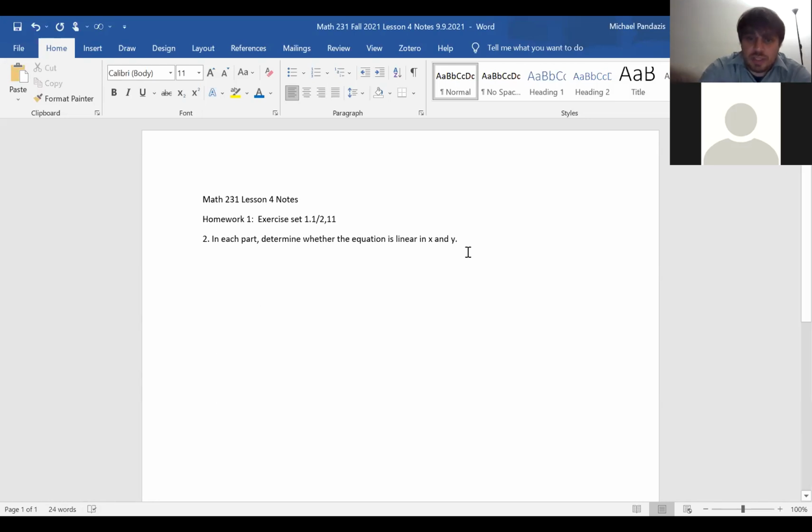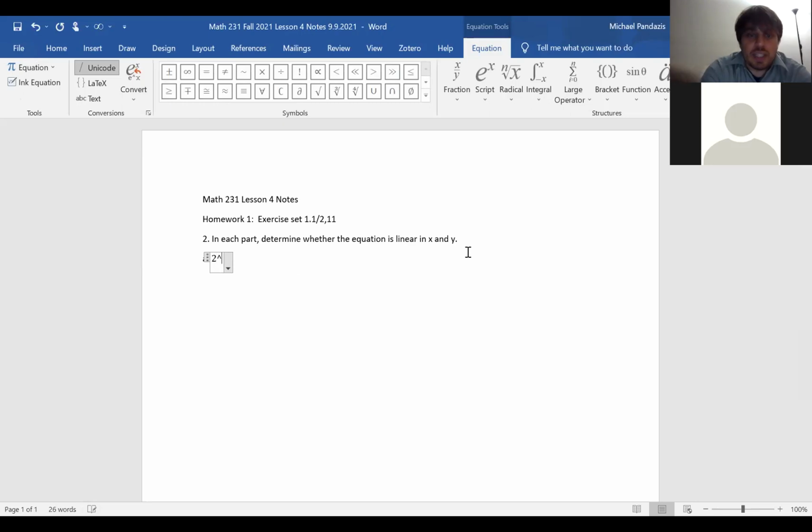For instance, if you look at A, it is 2 raised to the 1/3 x plus the square root of 3 y is equal to 1.